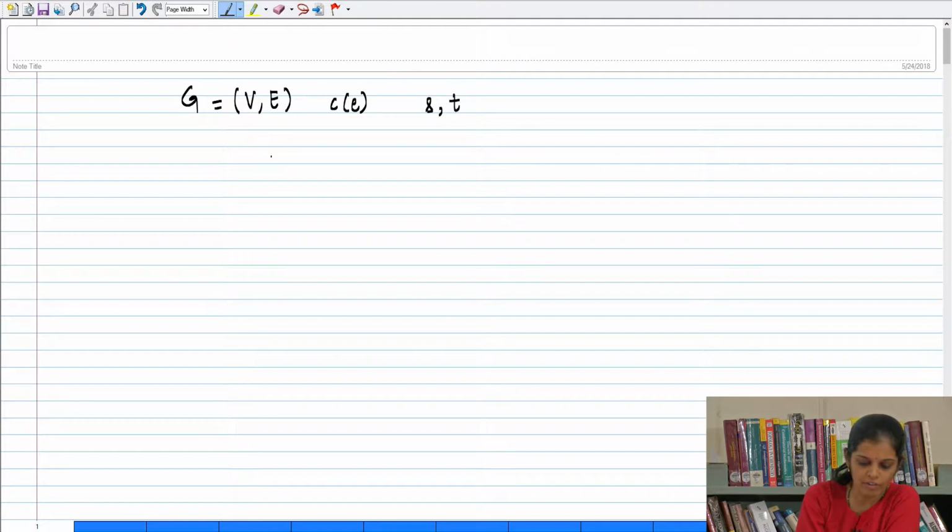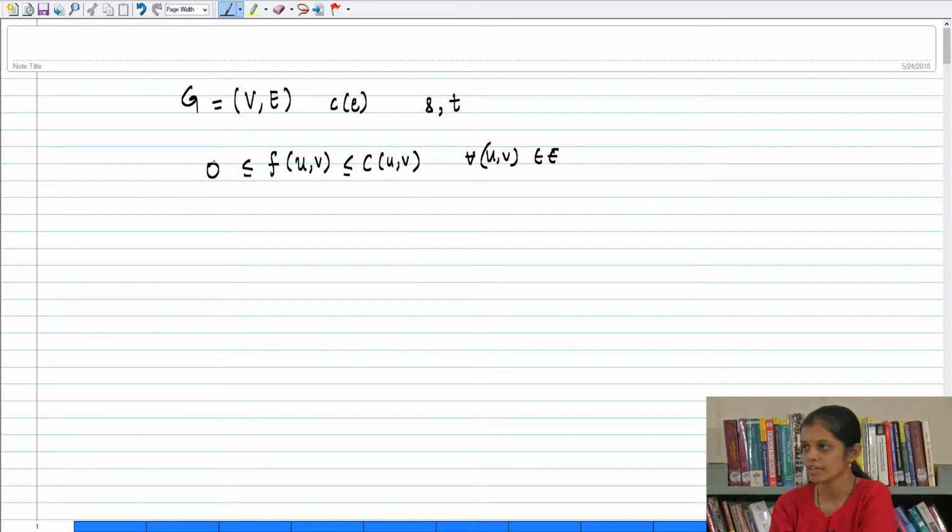If you have a flow function f, remember always that the flow is a function, that is, it assigns a value, we'll assume integer capacities, and therefore it also assigns non-negative integer values to every edge in the graph. So we have a flow function f(u,v) for every (u,v) belonging to E, which is less than or equal to c(u,v) and which is greater than or equal to 0.